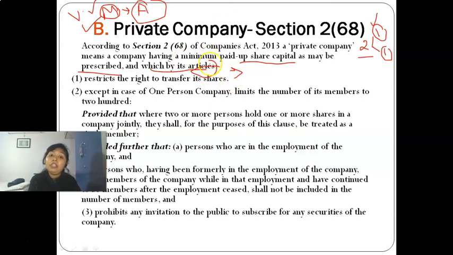For your understanding purpose you should know that to form a private company, in its articles it must write at least these 3 restrictions, and only then will that particular company be considered a private company, when such company has these restrictions in its articles.